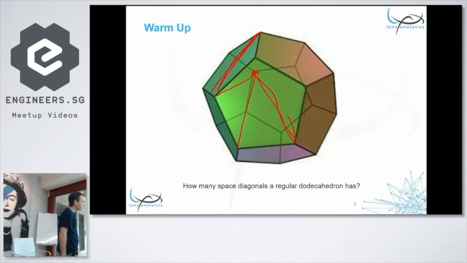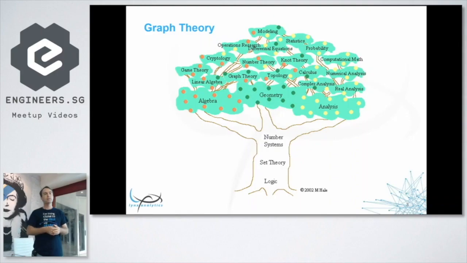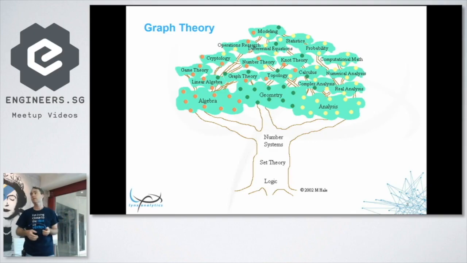But you don't necessarily have to use graph theory to answer this question. There are lots of problems in mathematics, lots of problems in business, lots of problems in physics, and mathematics is the language to try to formalize the problems.